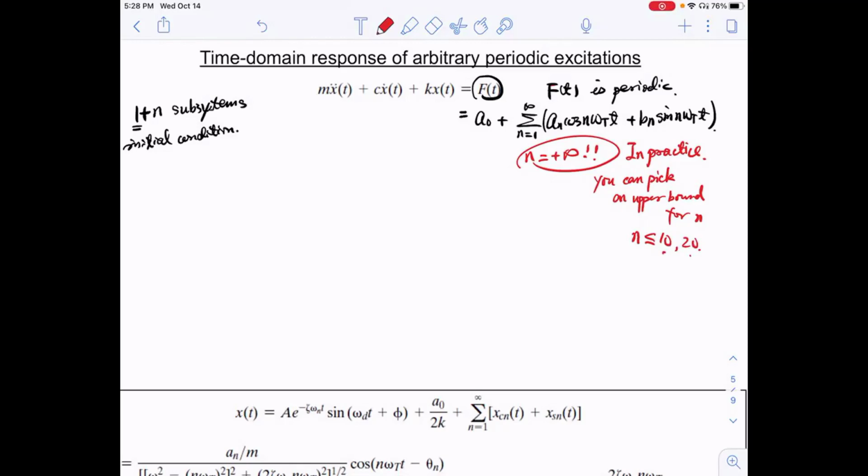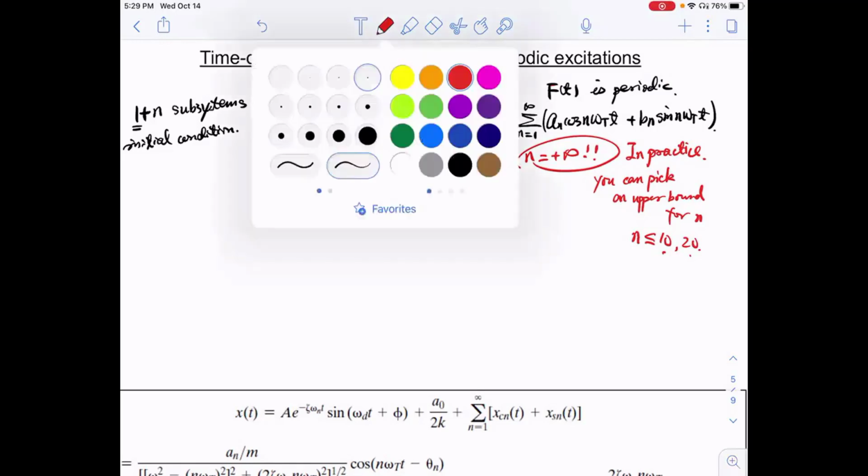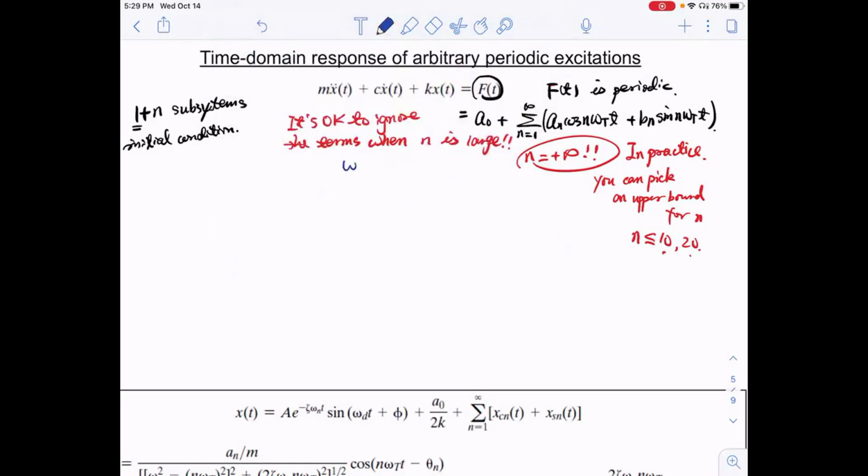So in other words, it's okay to ignore the terms when n is large. All right? So why can we ignore those high order terms?